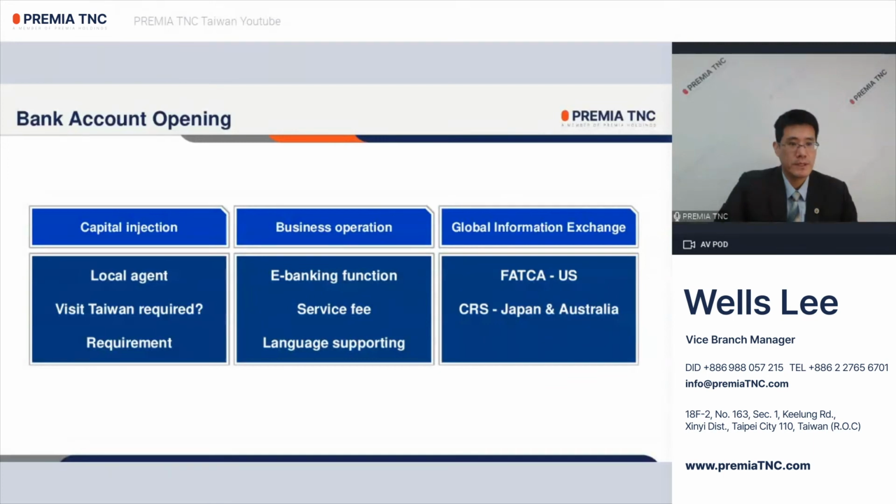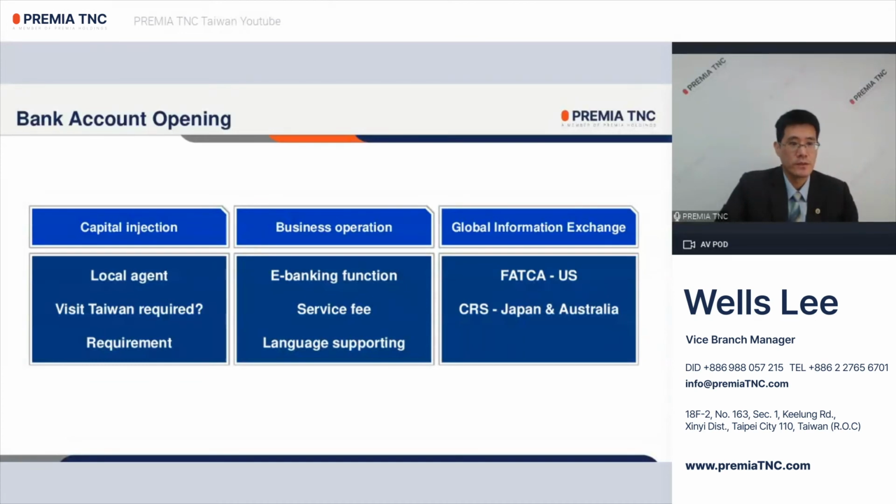About the business operation, you also need to consider 3 issues. The first one is the e-banking function. We usually suggest applying for e-banking when you open the bank account, so you can do bank transactions remotely and no need to visit the bank for payments.